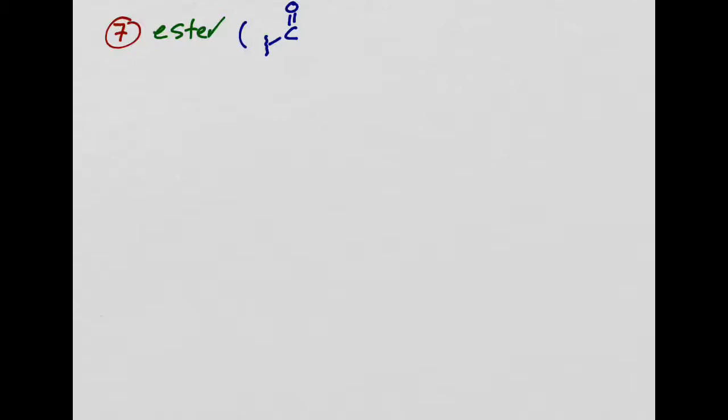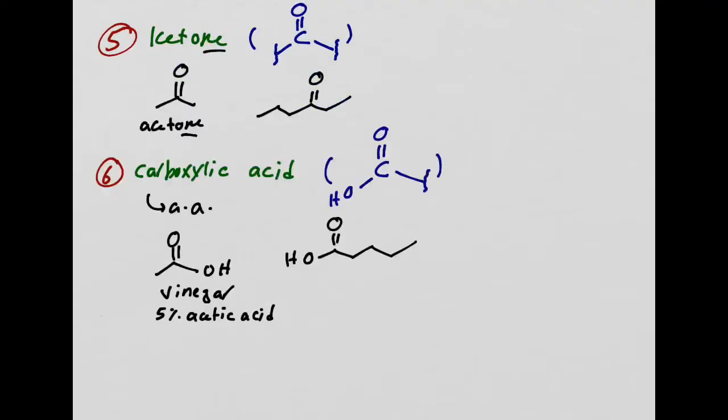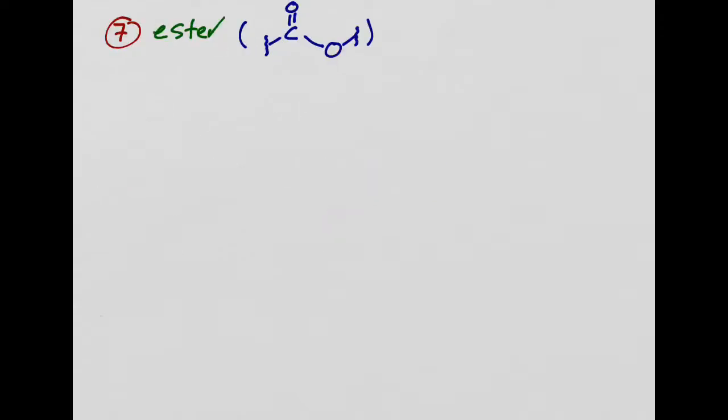On one side it's attached to a carbon. On the other side it's attached to an oxygen, but the oxygen is attached to a carbon. So carboxylic acid had an OH on one side, but ester is an O attached to a carbon. So again, every time you smell something that smells good, you're going to go, that's probably ester.